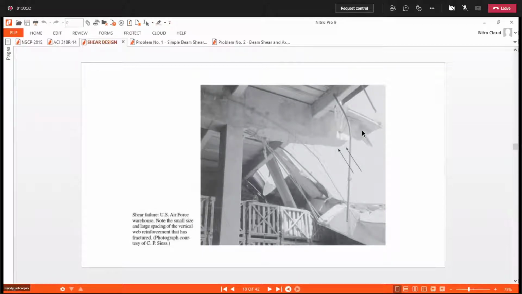Yung bottom reinforcement mo at the midspan continuous yan, walang splice, walang dugtong. So nagdudugtong ka doon sa taas. Nag-crack yung beam natin due to what? Lack of shear reinforcement. So umabot siya doon sa part na merong splice. Kaya yun, bumigay yung ating beam.